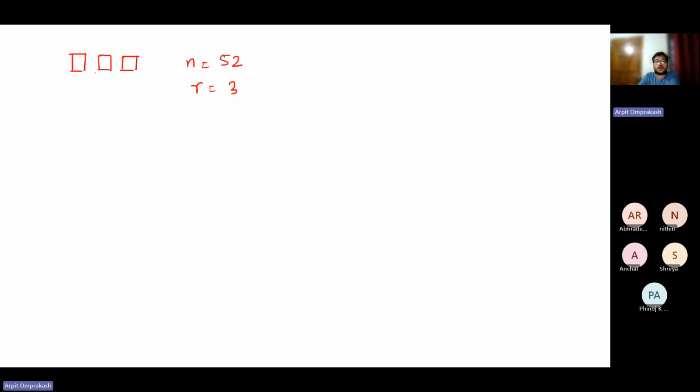So if we look at all the combinations that we can get here, all the combinations will basically be NCR again. So all the combinations of 3 cards that we can take from these 52 cards will be 52C3, which is 52 factorial divided by 3 factorial into 52 minus 3, which is 49 factorial.